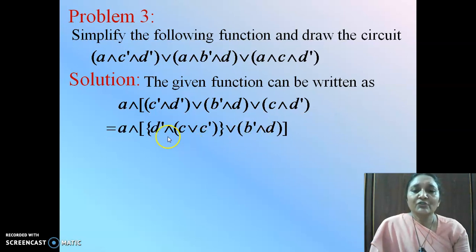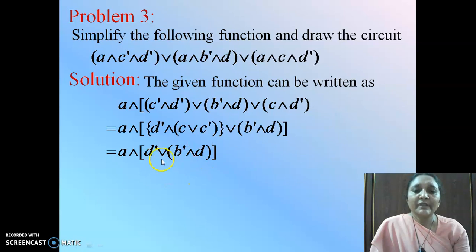Now A meet of, if you look at the first term and the third term, you have D dash common. So I am taking D dash common, C dash join of B dash meet to D, which is equal to A meet of (D dash join of B dash meet to D).